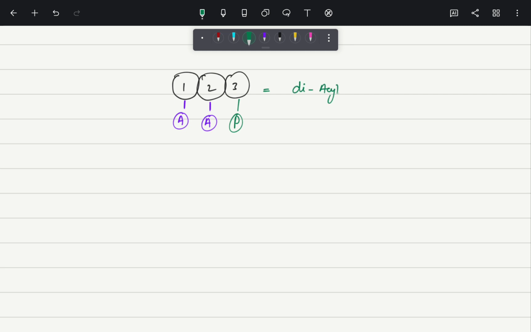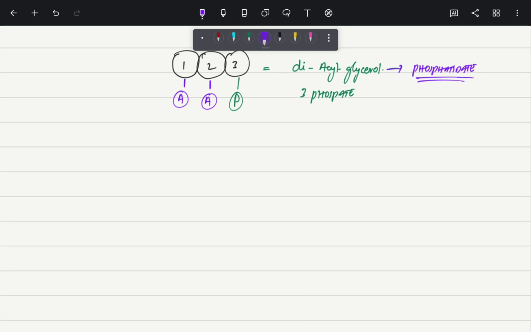Diacylglycerol 3-phosphate, which is also known as phosphatidate. Okay, so from this phosphatidate, I already told you we have to synthesize the triacylglycerol.